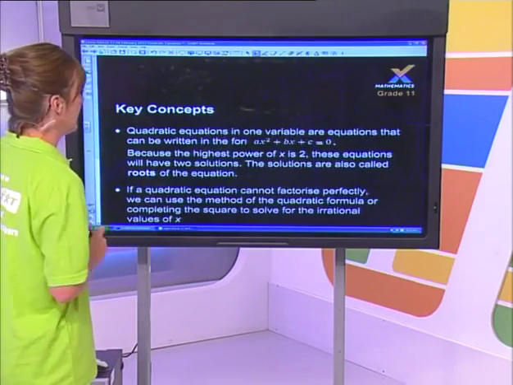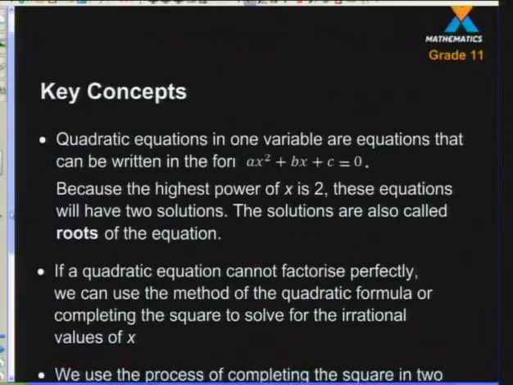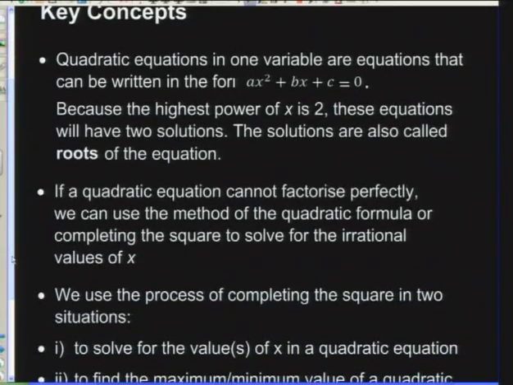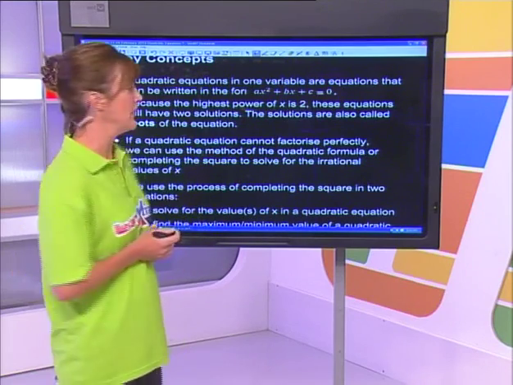Having a look at our key concepts. Quadratic equations in one variable, so bearing in mind that we're working with just an x variable, are equations that can be written in the form ax squared plus bx plus c equals 0. I know you guys recognize that. That's our standard quadratic equation.